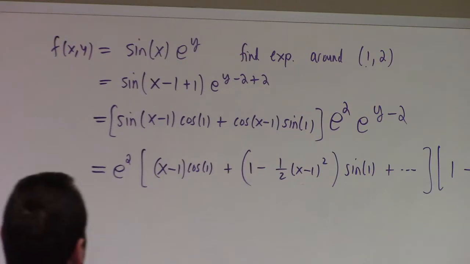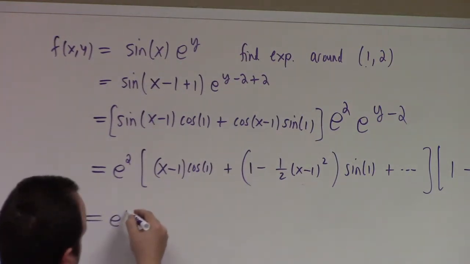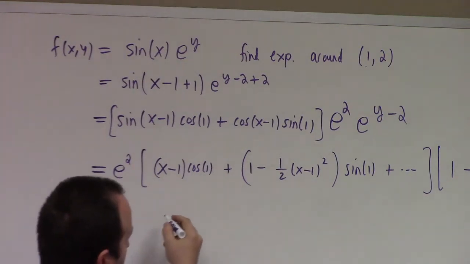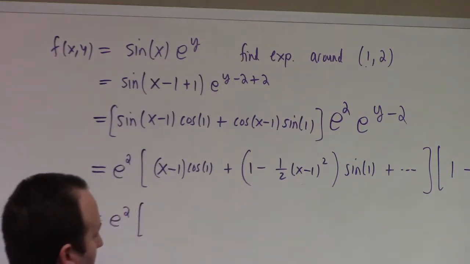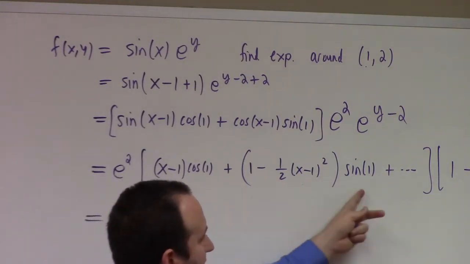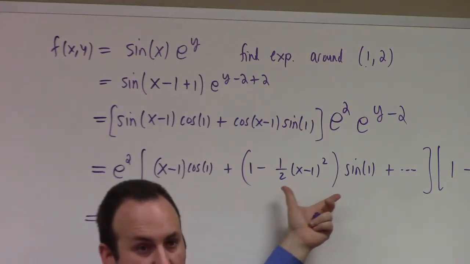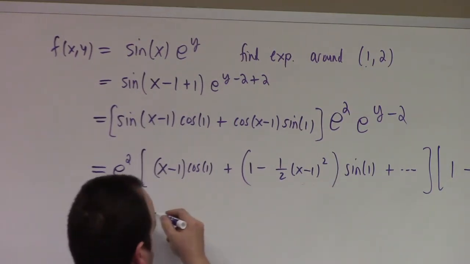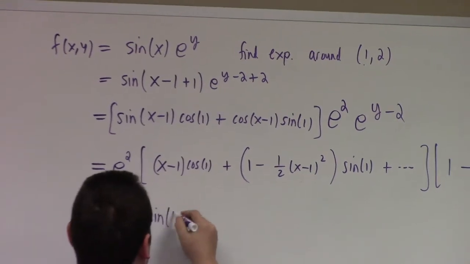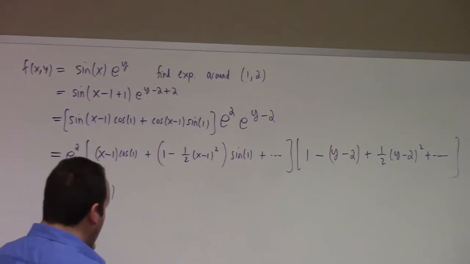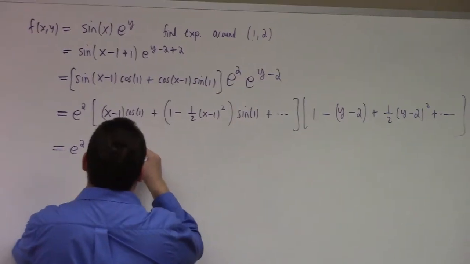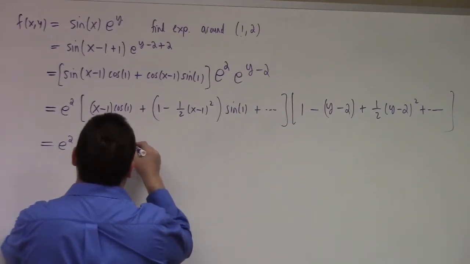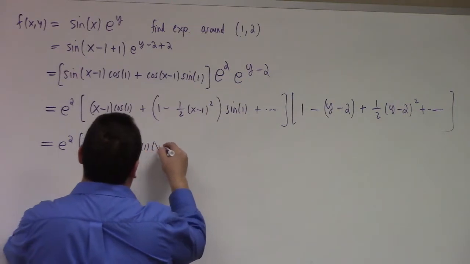What do I have? I got e to the 2. So I get sine of 1 as my lowest order term. And then my linear term: plus cosine of 1 times x minus 1.